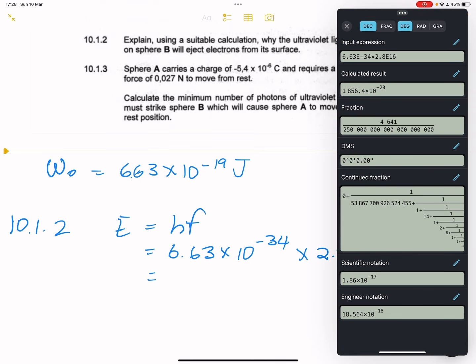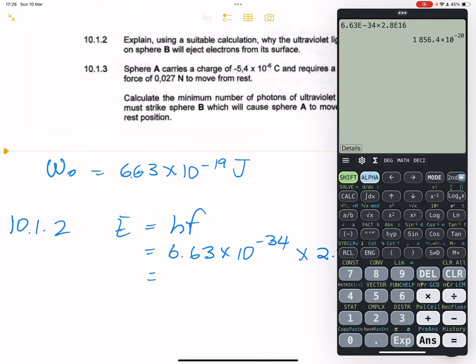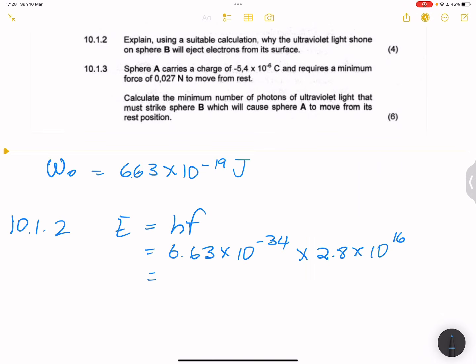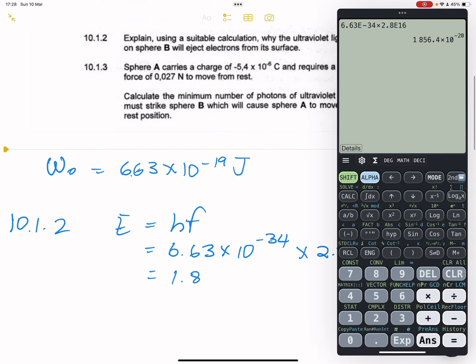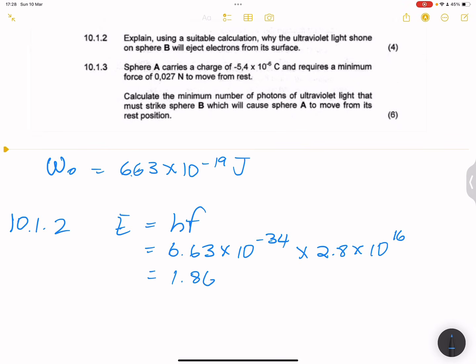There it is in scientific notation right at the bottom there. 1.86 times 10 to the exponent 17, right? So in this case, that's our answer. So we should give our answer correct to 2 decimal places as per the instruction of the invigilator.